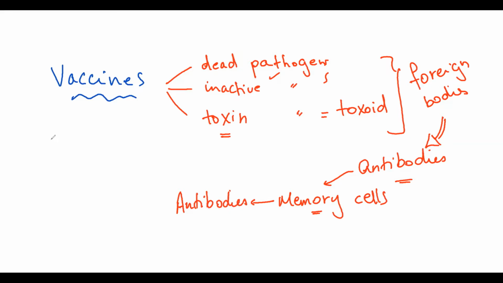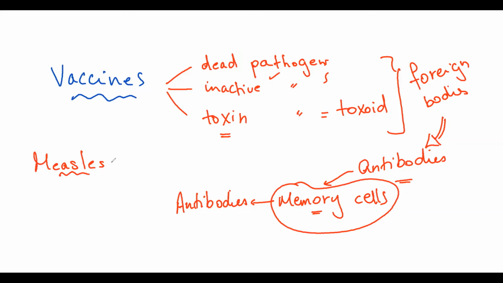For example, if somebody was vaccinated against a disease called measles. Measles is a disease that is caused by a virus. So if this somebody is vaccinated against measles, the body of this person will produce memory cells. And these memory cells will remain in the blood.